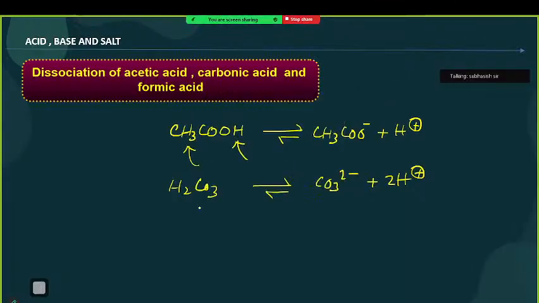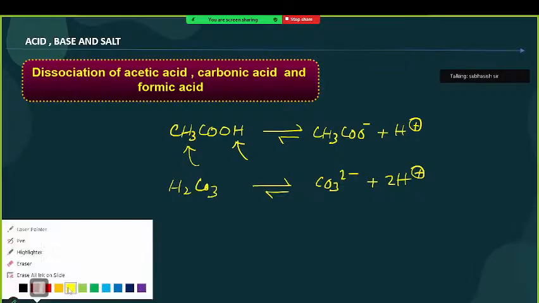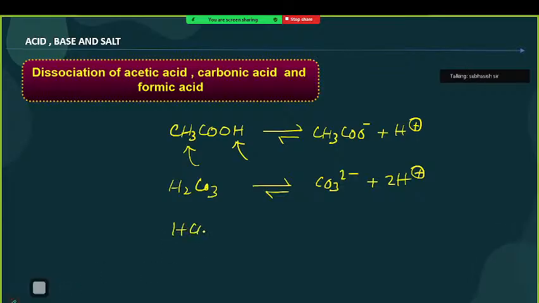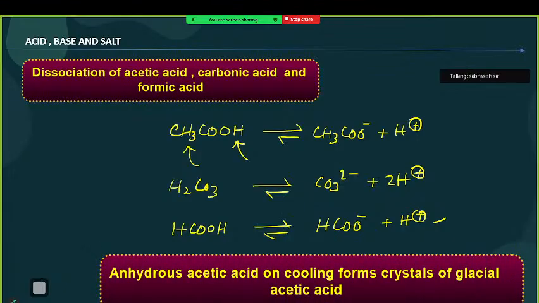When it dissociates, it produces HCOO minus and H plus. So there are some dissociations of weak acids, where the acids are considered weak acids, and they incompletely dissociate with the formation of respective ions along with H plus.